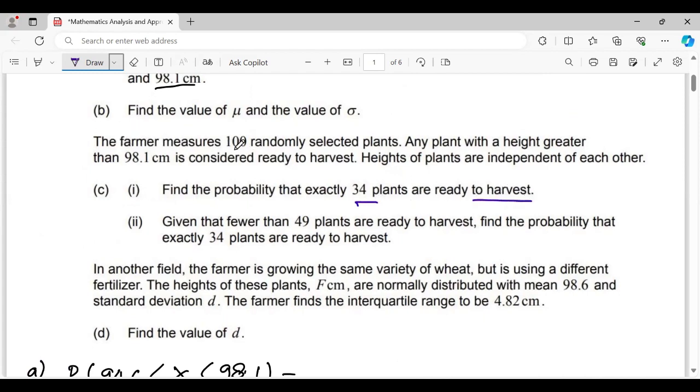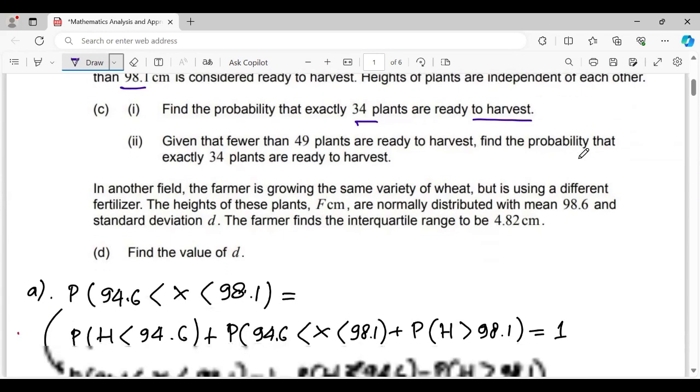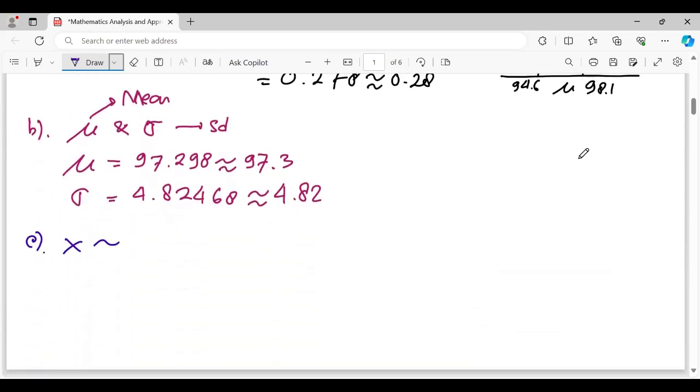So the farmer measures 100 randomly selected plants, and any plants with a height greater than 98.1 are considered ready to harvest. Heights of plants are independent of each other. So X follows a binomial distribution with n equals 100 and p equals 0.434.